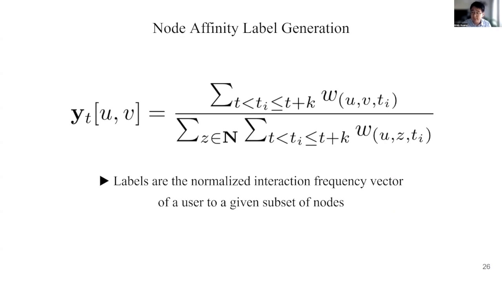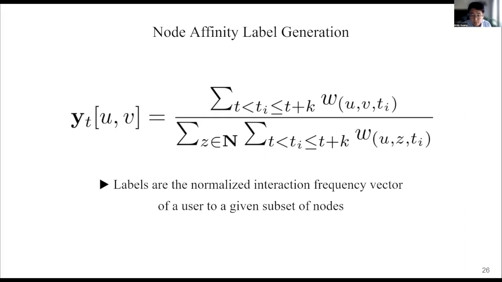And then you would generate a frequency vector for that node. That's the node label in this task. So the node label will change each day as you slide into the future, and you are always predicting the interaction in the future. So when you are testing for today, you are essentially testing for 7 days into the future, for example.